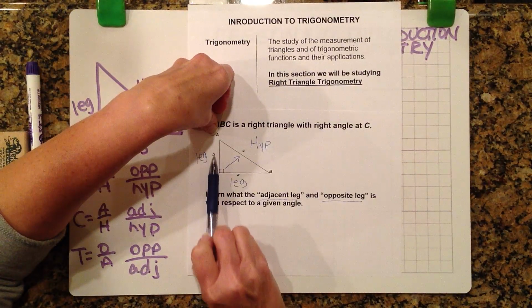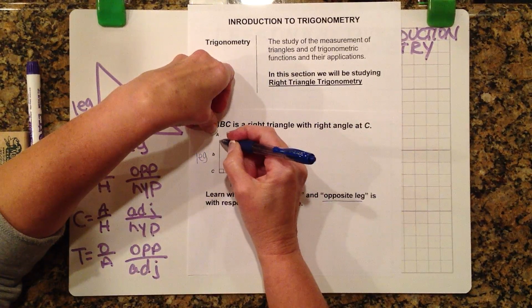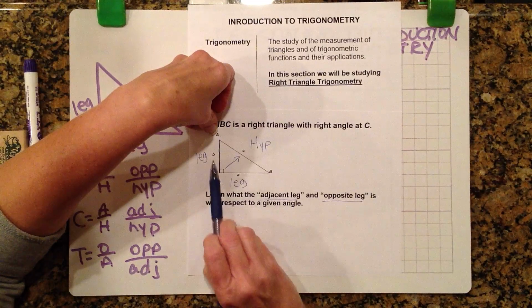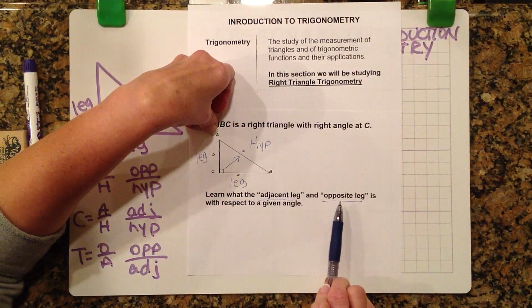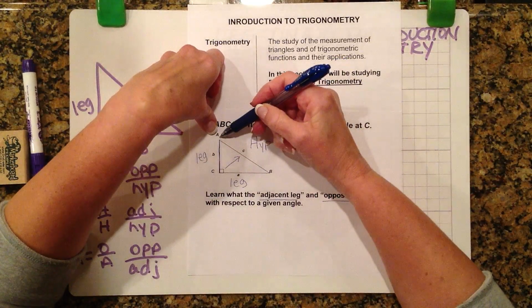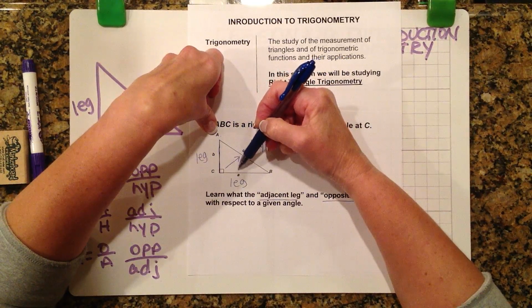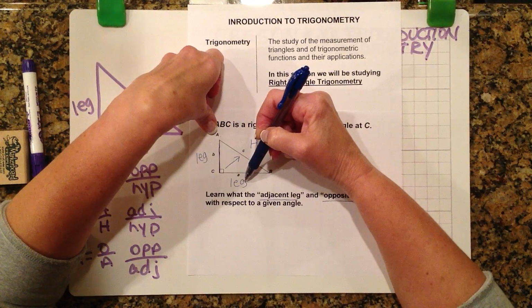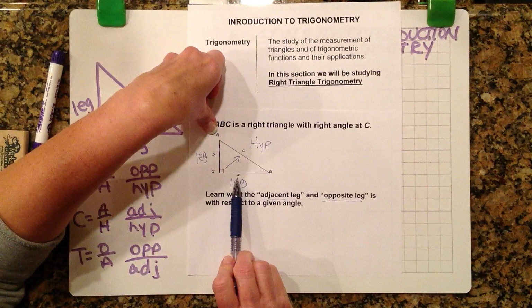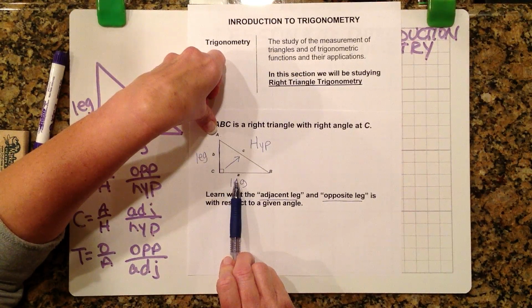So leg B is adjacent to angle A. See, it's actually one of the rays of angle A. All right, what is the opposite leg of angle A? If you notice opposite, I'm looking on the opposite side of the triangle. So the opposite leg of angle A happens to be side A.